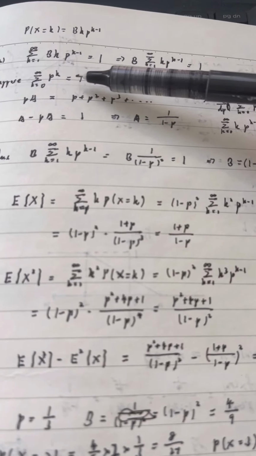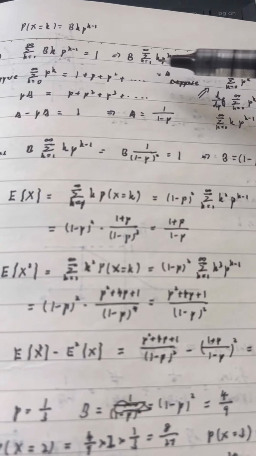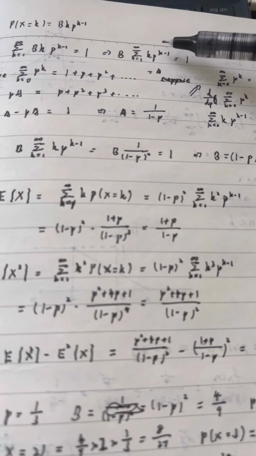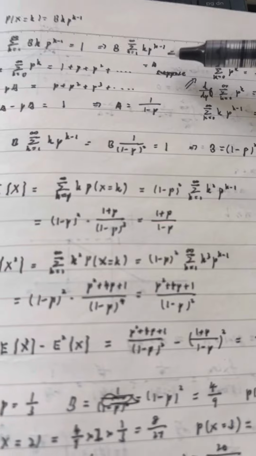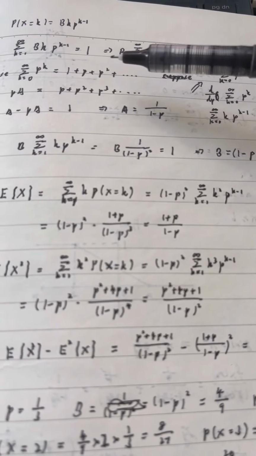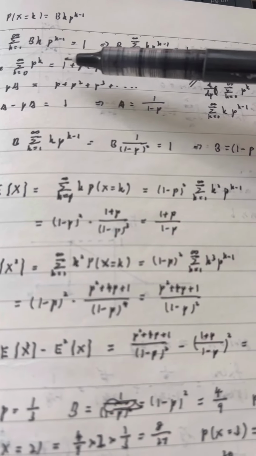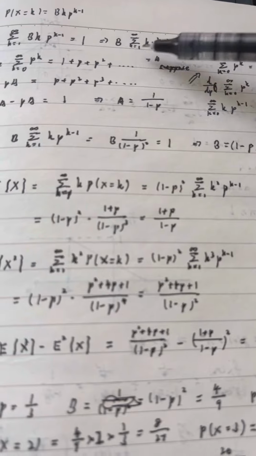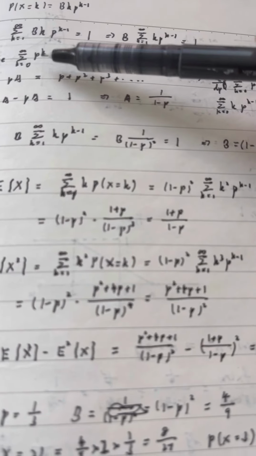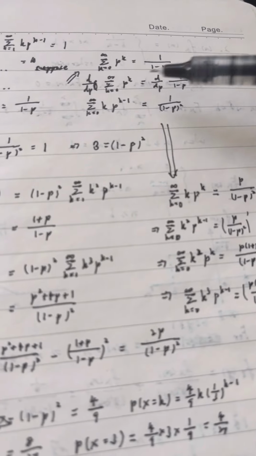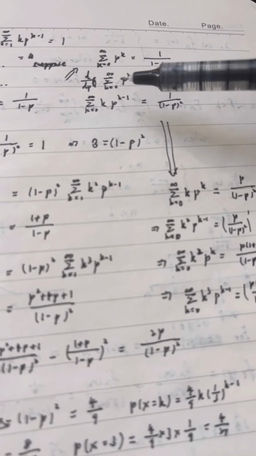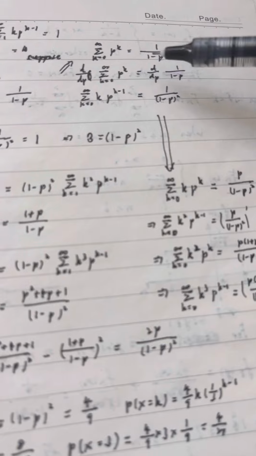Now we only have to transform it into this summation: k times p to the power of k minus 1. This summation is actually the derivative of p to the power of k. So we calculate the derivative on both sides.